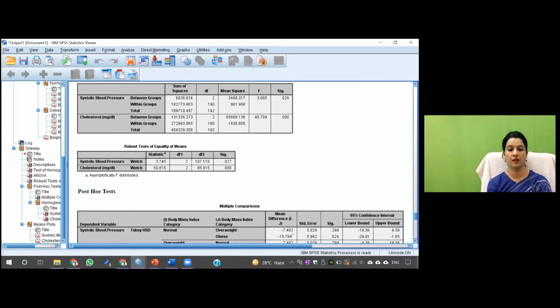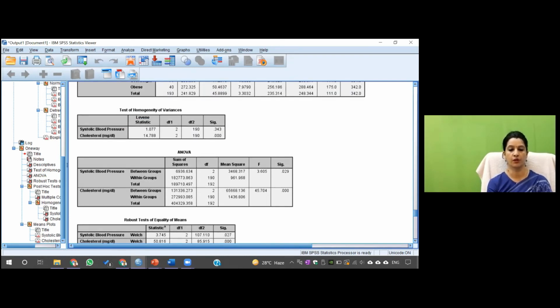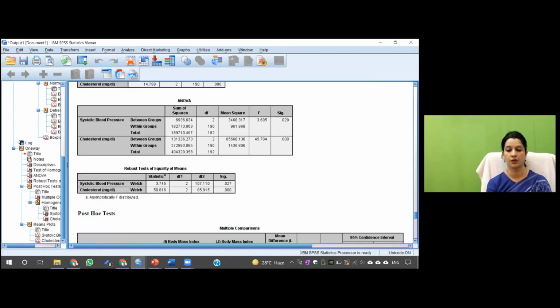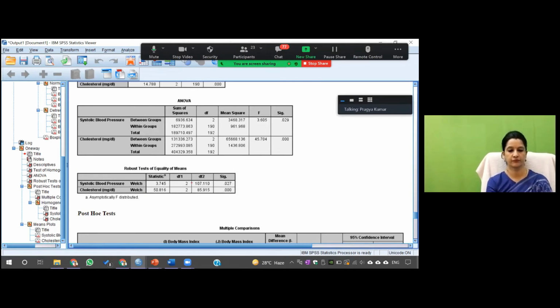Because we have seen that for cholesterol the equality of variance is not assumed, I'll take this value, the Welch statistic, the lower one, for the cholesterol. I'll take this degree of freedom and this statistic to report my result, because if the equality of variance was not assumed, I have to take the Welch ANOVA value.